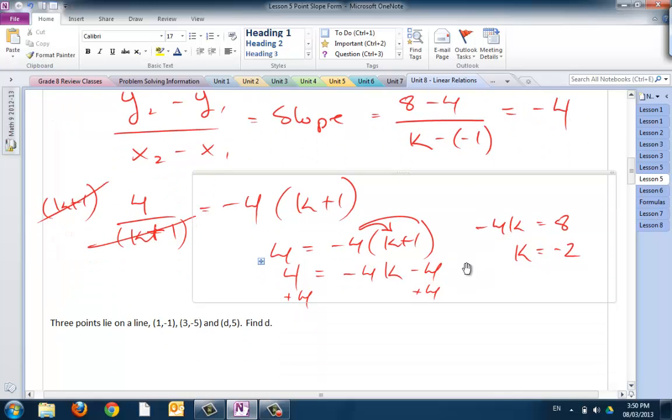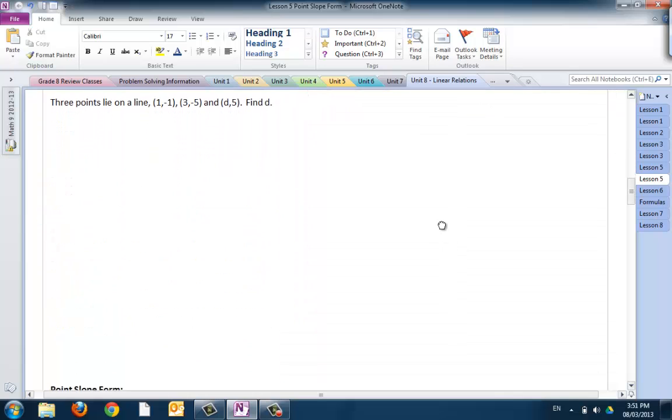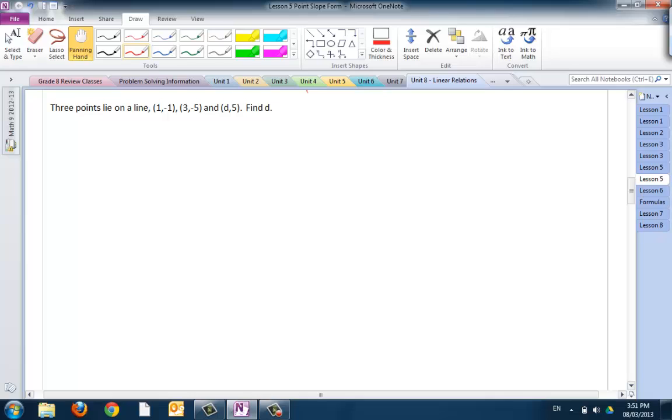Okay, so that leads us on to this next question. This one is similar to what we just did, with one primary difference. What we just did was use a given slope along with 2 points to find a variable. Within those 2 points, one of them had a variable in it. In this case, we're not given the slope at all.